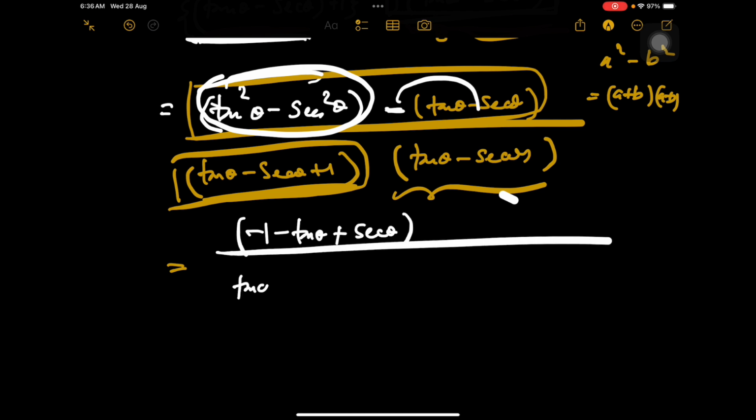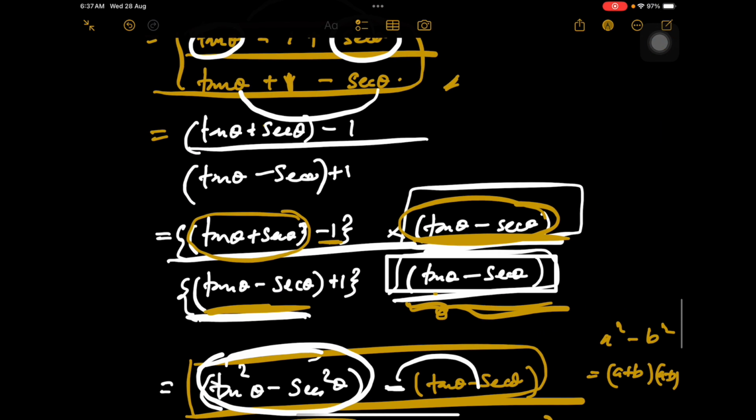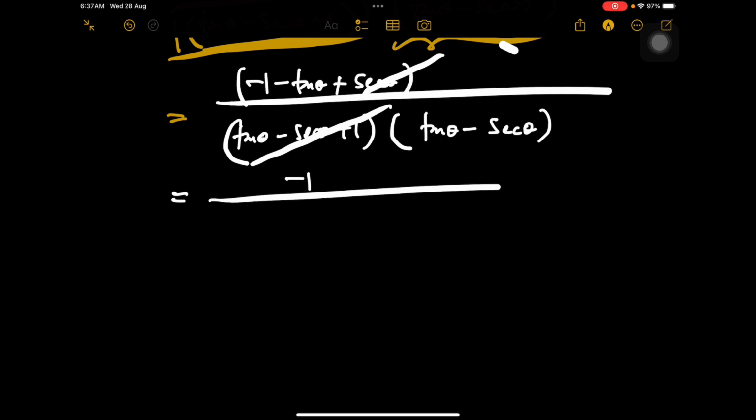So tan theta minus sec theta plus 1 on top, and tan theta minus sec theta plus 1 on the bottom. So this one and this one cancel, and you can put -1 on top. Why?